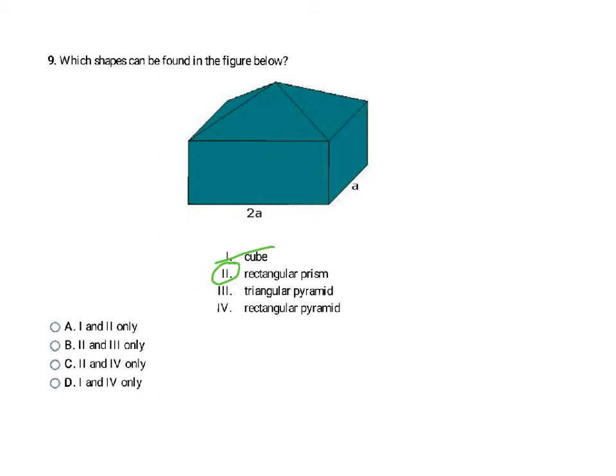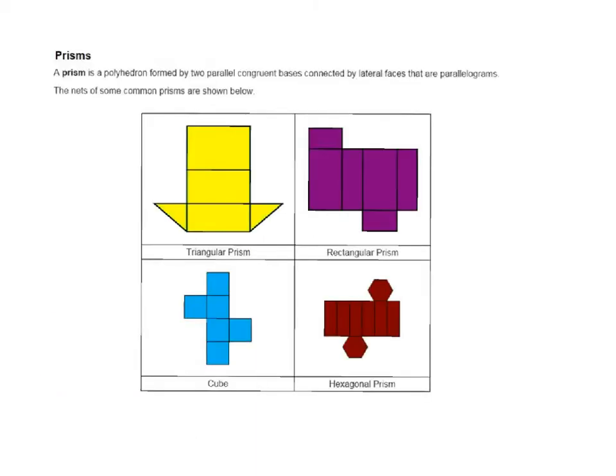And then a triangular pyramid, this part is a pyramid, but the base here is a rectangle, so it's not going to be a triangular pyramid, it's going to be a rectangular pyramid. So that means if I were to take the top and the bottom here and separate them, I would create a rectangular prism out of the bottom and a rectangular pyramid out of the top, which is going to make my final answer here C.